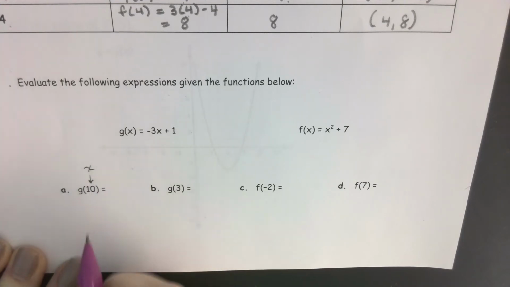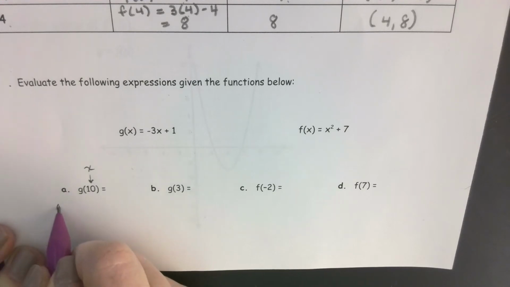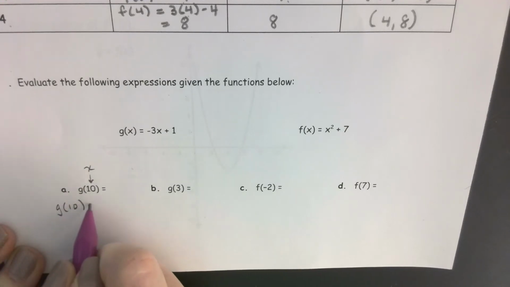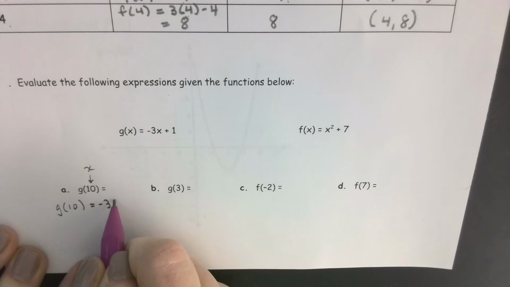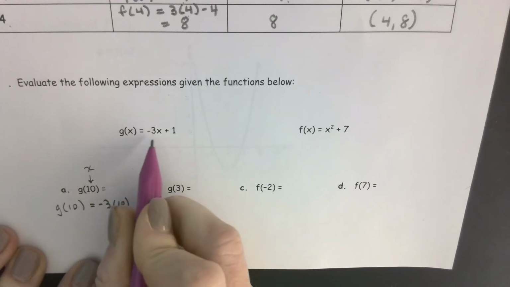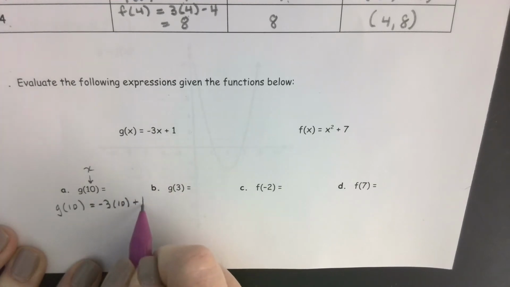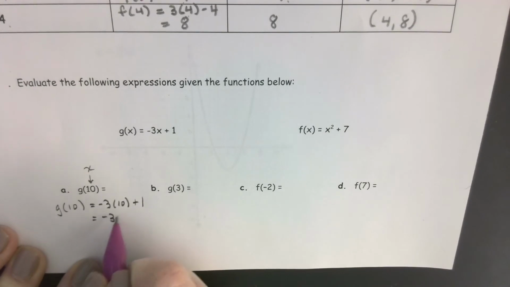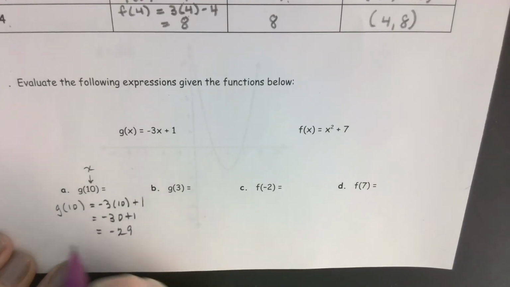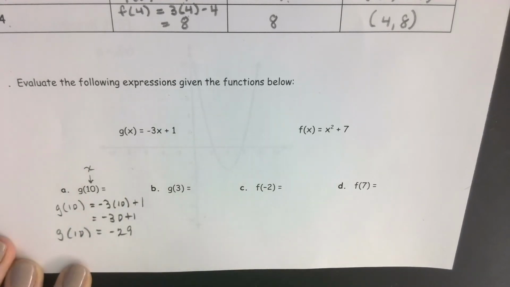What is g of x when x is equal to 10? So we're going to substitute 10 into the expression negative 3x plus 1. This is equal to negative 30 plus 1. This is equal to negative 29. So g of 10 is equal to negative 29.